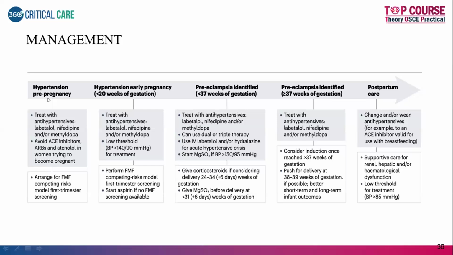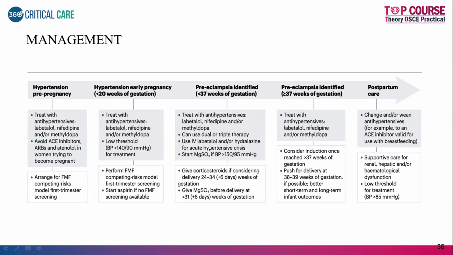If the patient is planning for a pregnancy, then you need to treat and avoid ACE inhibitors, ARBs and atenolol. Hypertension in early pregnancy: start with aspirin. Pre-eclampsia identified at less than 30 weeks, treat the hypertension and then see whether the patient has severe or non-severe symptoms.